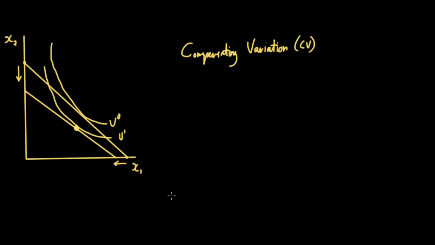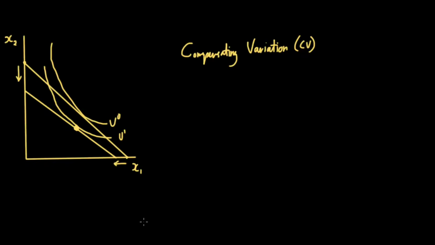To find the compensating variation, we have to remember what we're trying to do on our indifference map. What we're trying to do is shift our budget line to the right, or upwards, so that it would be tangent to the old or original utility level. We're trying to stay on the same utility level.